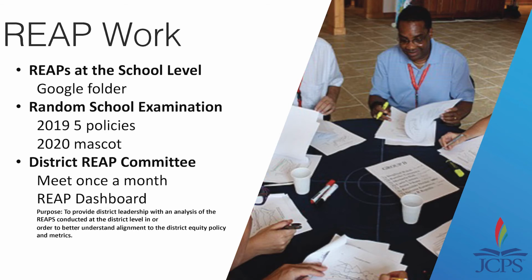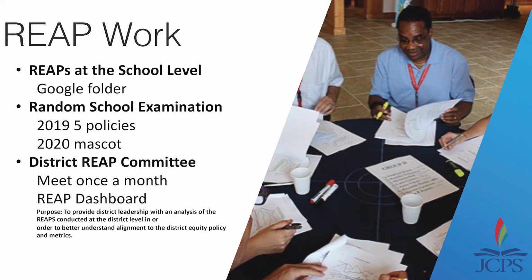Next, I just want to give a little overview in regards to things that have been done with the REAP. So at the school level, last year, each of you were given a Google folder, and that is where you were to place all of the REAPs so that they were in one designated place.